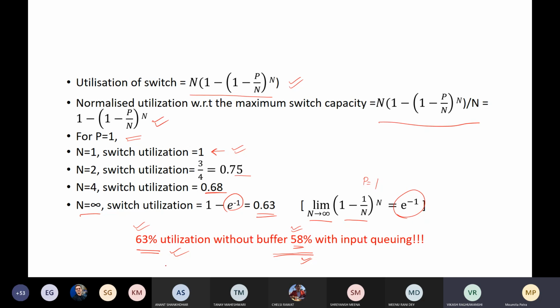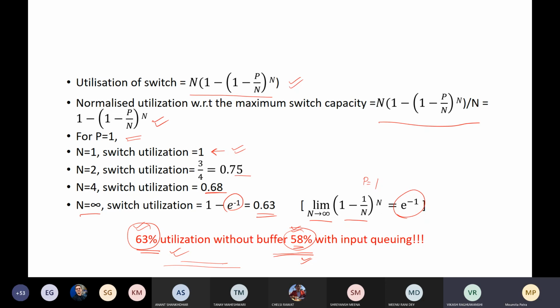But as of now, please think about why this is 63% and why with buffering you get 58%. However, if you have the buffer at the output port side, you get 100% utilization. This is a very interesting inference, and I would like you all to think about it.